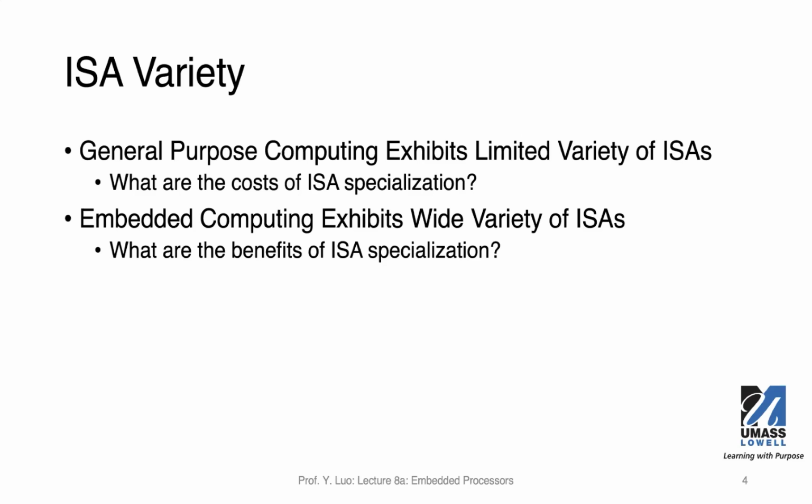Some operations may be efficient in one instruction set versus another. So that's why you have a variety of instruction sets in the embedded domain, and you can choose from them and consider them together with the performance and power consumption of the processors to make a decision on which architecture you want to go with.